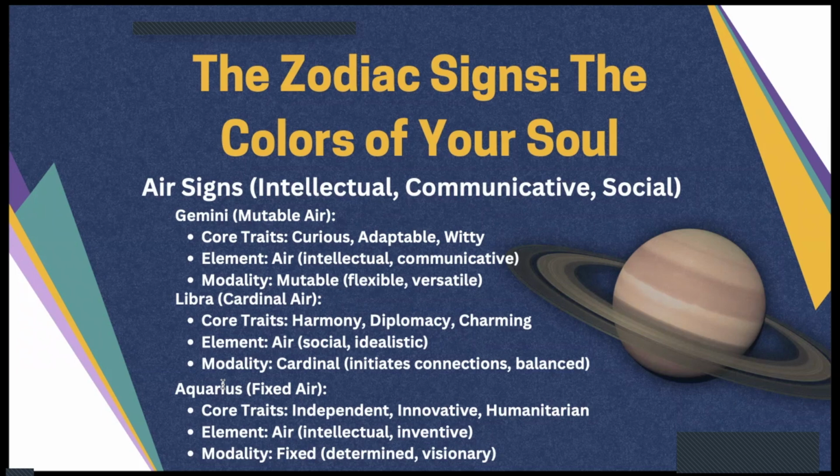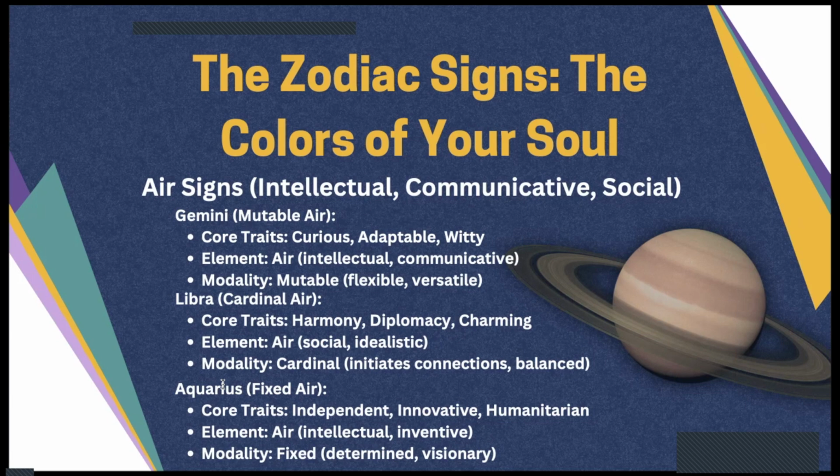Aquarius. Aquarius is fixed air, stubborn. The core traits of Aquarius are independent, innovative, humanitarian. The way that Aquarius expresses the element of air is intellectual and inventive. And the modality adds the determined factor, the visionary factor to Aquarius because it's fixed. So they are determined.